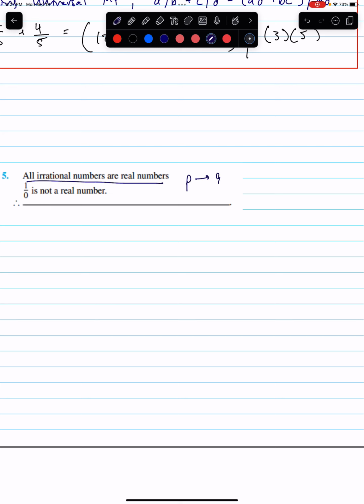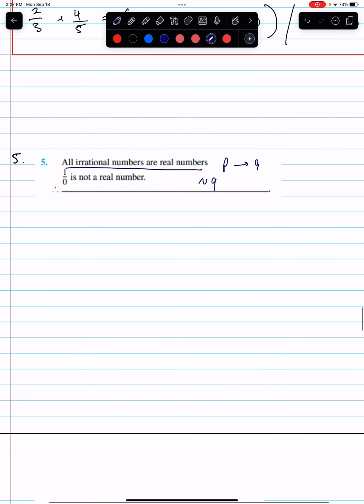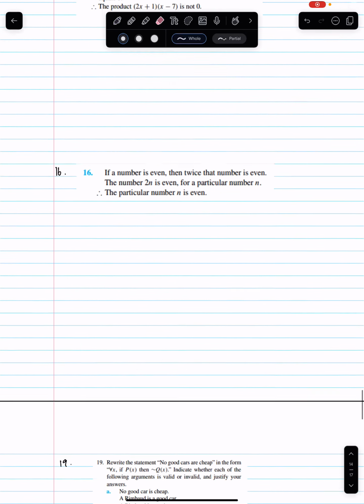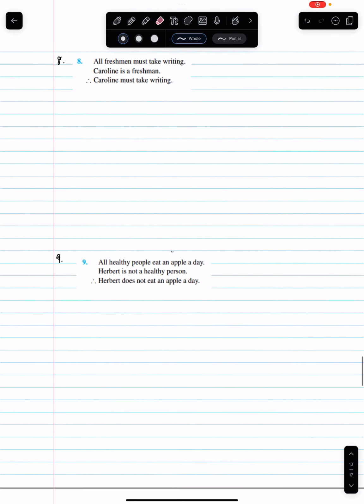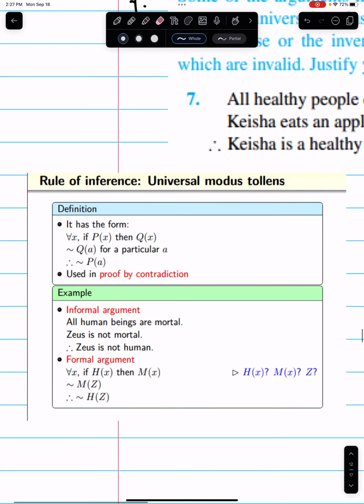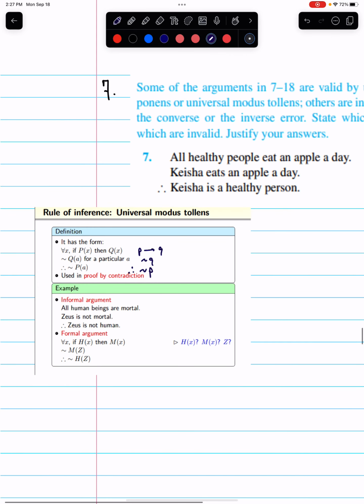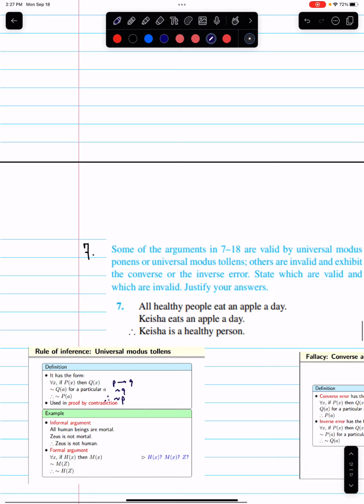They give us not Q. So from not Q, we would have not P. If you remember, that's the modus tollens. Here. That's modus tollens. P then Q, not Q, and we could use that as a conclusion for not P. That's the contrapositive, if you remember.